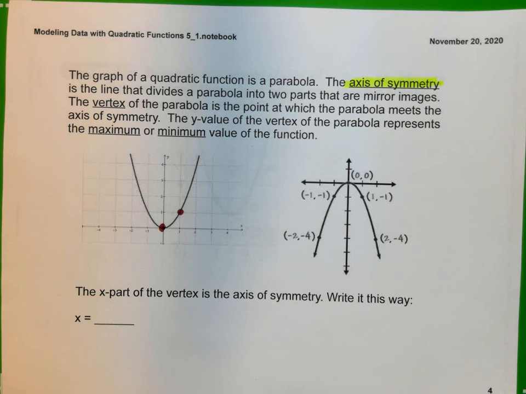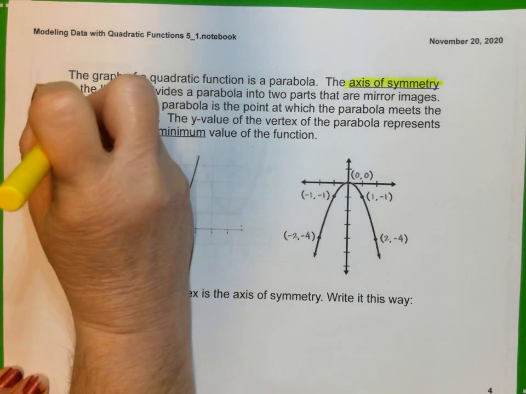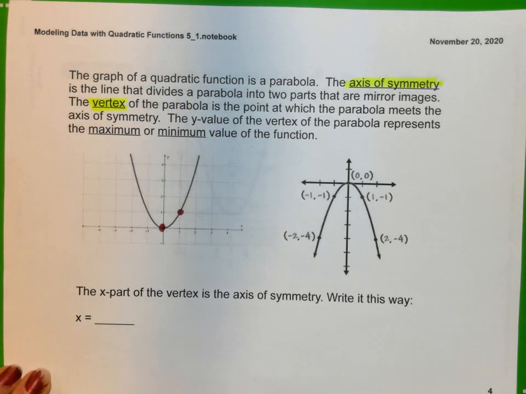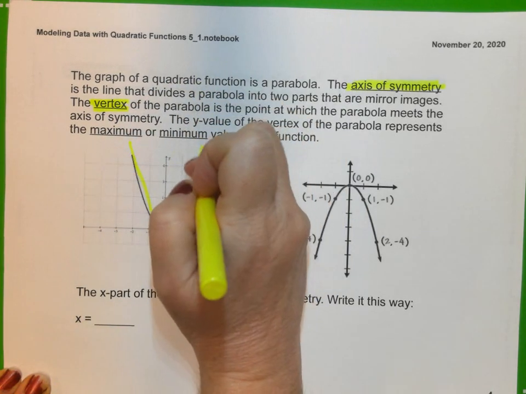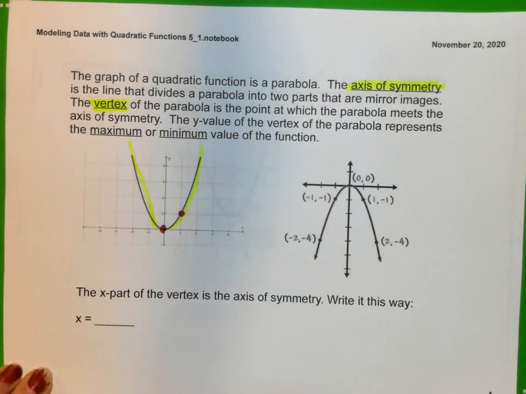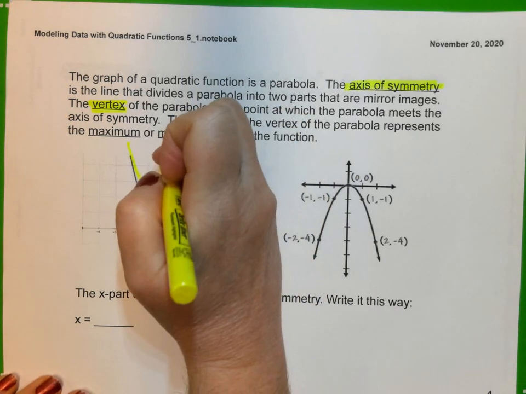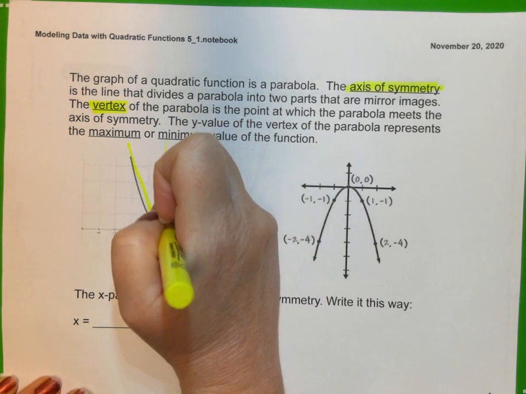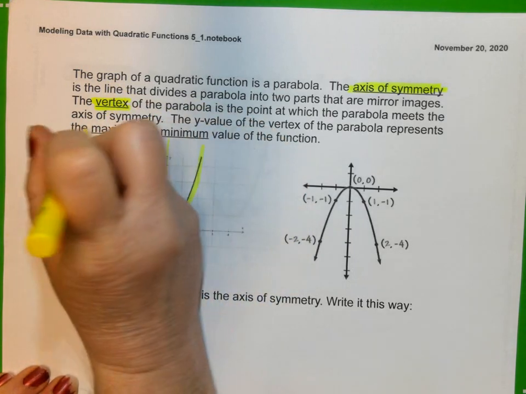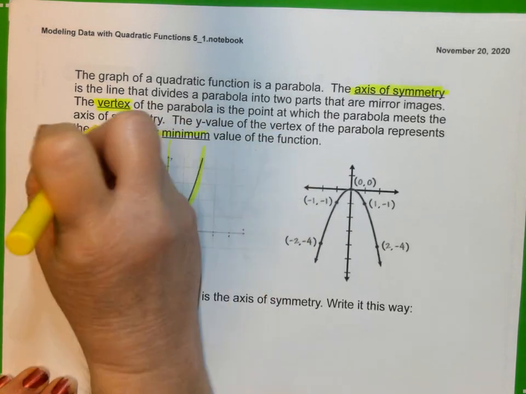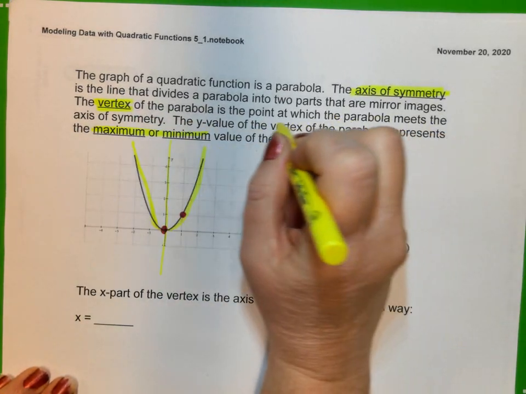So the vertex of the parabola is where the parabola itself meets the axis of symmetry. In our case, the axis of symmetry is right here. Okay, the y value of the vertex of the parabola represents the maximum or the minimum.